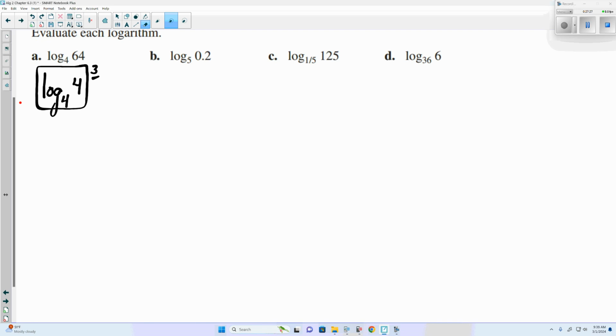So what do you think this is going to be? It's going to be 3. Now, this is coming into some of the other properties because we're saying we're multiplying it by itself 3 times, so we can move the 3. Well, log base 4 of 4 is 1, telling us this is 3.